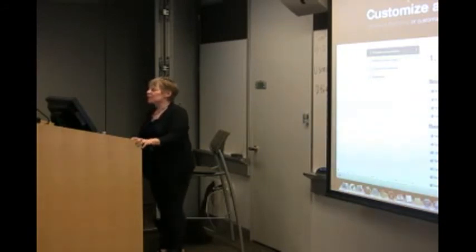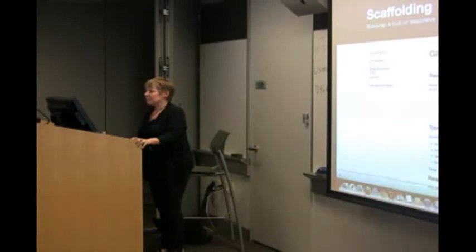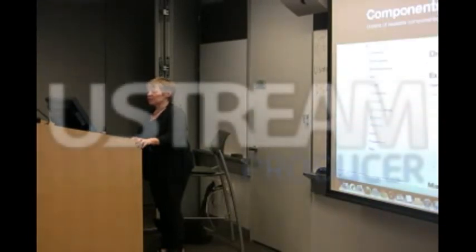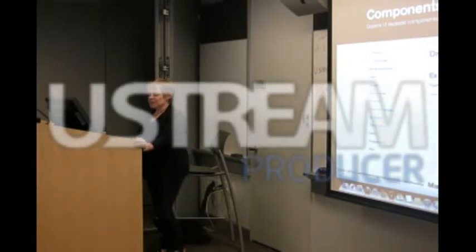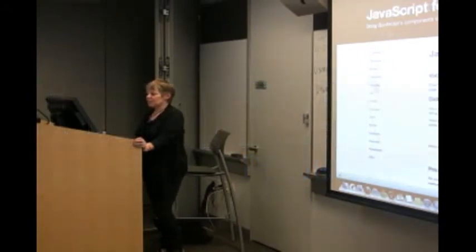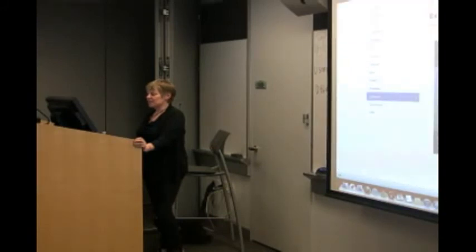Oh, but this is where you can go, because it talks again about the scaffolding, the grid system that I talked about. You can look at the different components: here's how they do navigation, labels and badges, typography, and some of the JavaScript for the drop downs, the scroll spy, the tooltips, and carousels, and how you would set the carousel up.